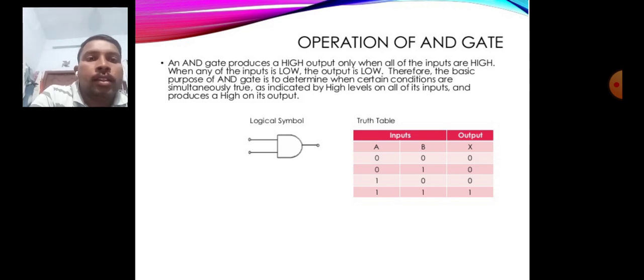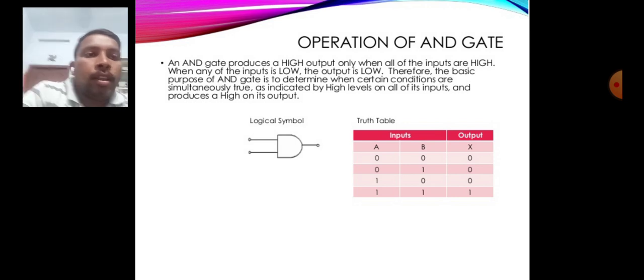Observe the truth table, A and B are the two inputs, X is the output. When A is 0 and B is 0, that means both inputs are low, the output is also low.